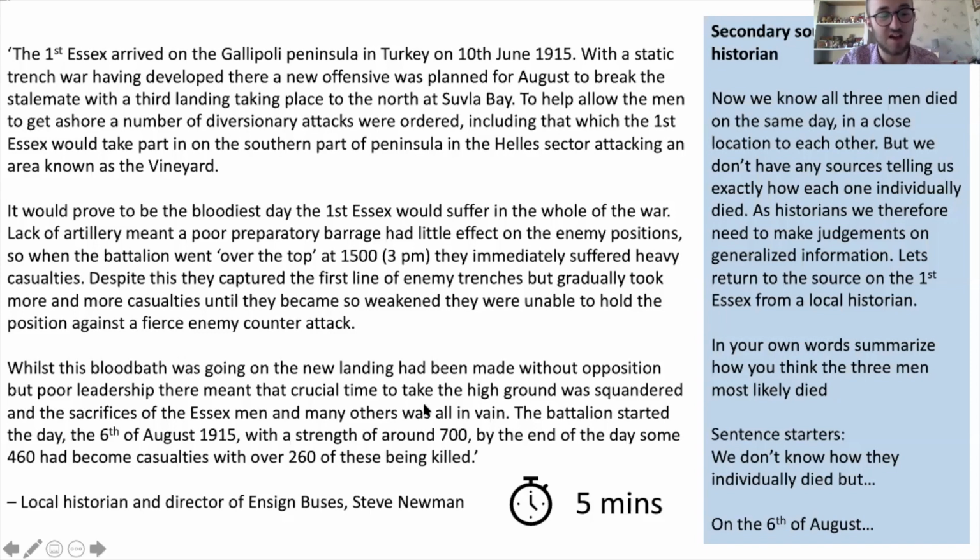We can see that many died on this day because of poor leadership. They were going over the top. They were trying to capture an enemy trench. And that's a really important thing to take away, guys. Even though you might not have an individual source telling you exactly how someone died or an exact piece of information, we have to make generalizations in history to be able to make claims about the past.